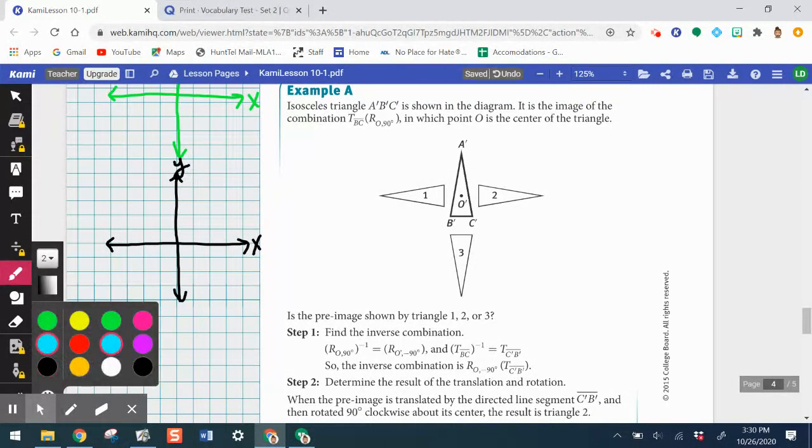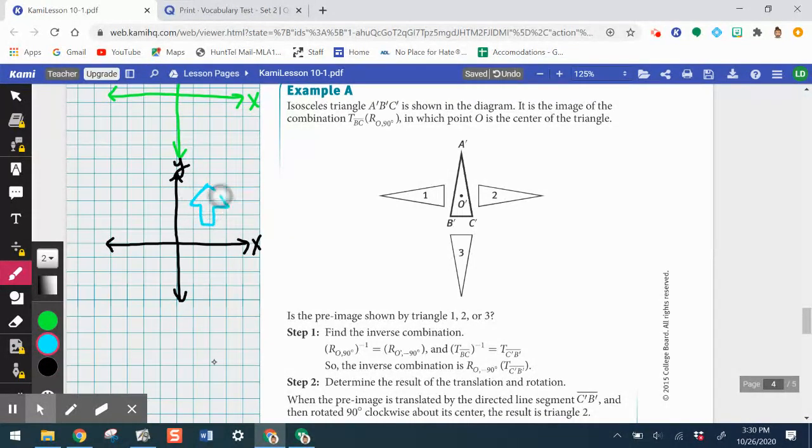So if we have, again, let's say our arrow is pointing up, and we rotate that 90 degrees counterclockwise around the origin, it's going to end up somewhere in this ballpark.